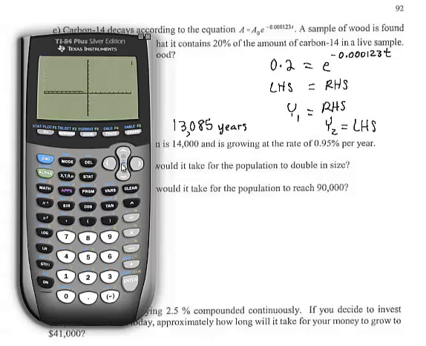We hit graph, and the intersection is going to be way beyond the limits of our window. So let's see, we think the answer is going to be approximately 13,000, so I'll type in 14,000 for x max. And then in terms of y, we have a horizontal line at 0.2, so we could type in 0.3 for y max and graph it.